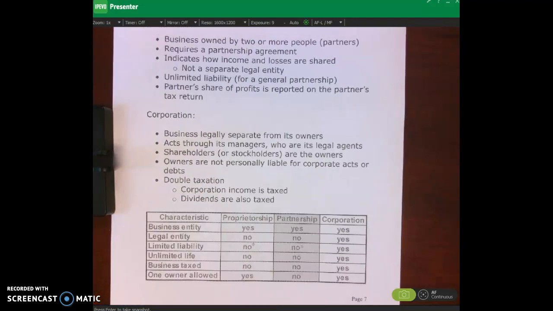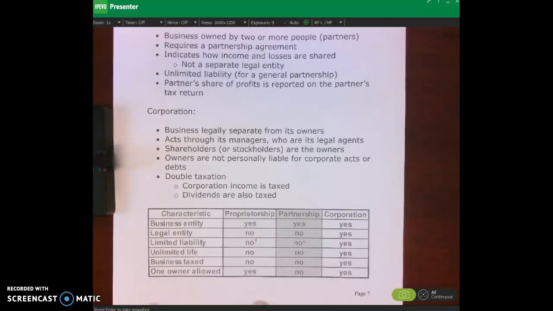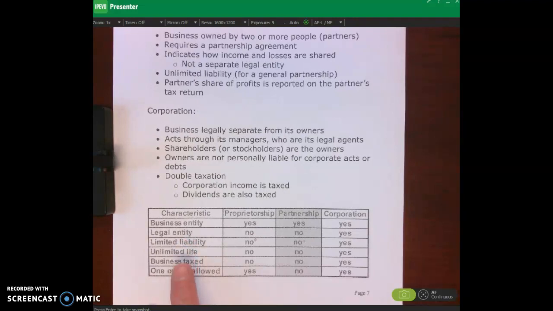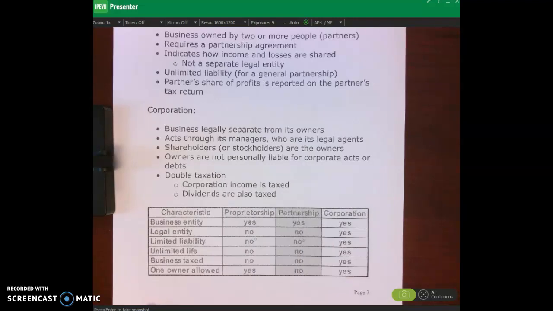Then we have this figure that lists characteristics such as business entity, legal entity, limited liability, unlimited life, business tax, and one owner allowed, for proprietorship, partnership, and corporation. Let me quickly go through this. When we talk about a business entity, that would be yes for proprietorship, yes for partnership, yes for corporation. Legal entity, no for proprietorship, no for partnership, yes for corporation.